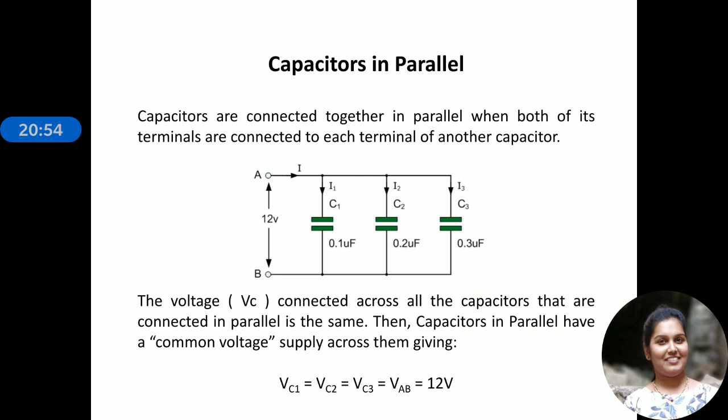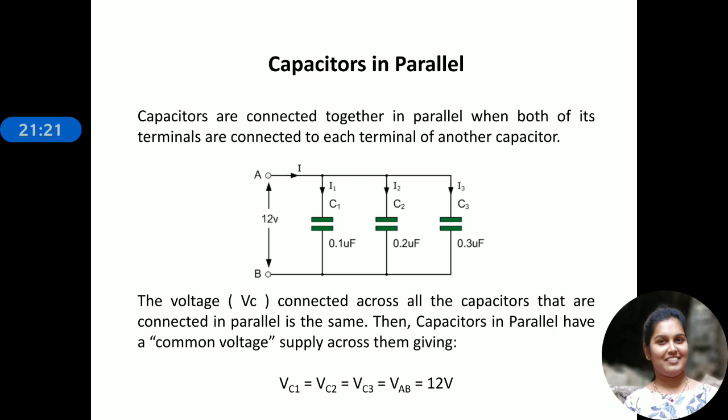When the capacitors are connected together in parallel, the total or equivalent capacitance CT in the circuit is equal to the sum of all the individual capacitors added together. This is because the top plate of capacitor C1 is connected to the top plate of capacitor C2, which is connected to the top plate of capacitor C3, and so on.